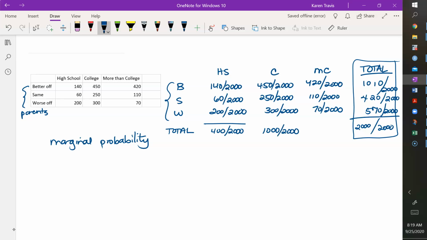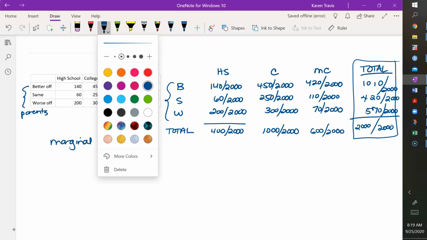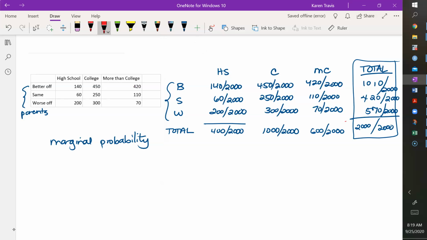And this total is 600 out of 2,000. So these are also marginal probabilities with regard to education, and the ones on the side are marginal probabilities with regard to whether they say how well off they are.